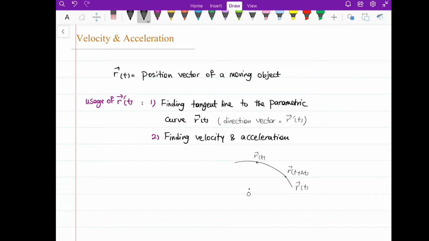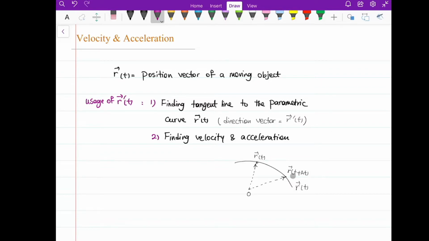Let's assume that I have the origin. I'm going to make a vector from the origin to r of t, and another vector from the origin to r of t plus delta t. As you know, the velocity would be the change in the position over time.